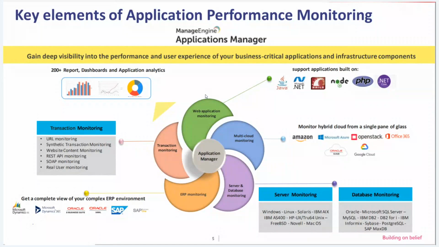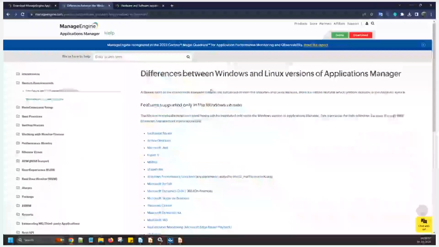So right now we discussed what are all the feasibilities that can be achieved in Applications Manager. Now I'm going to see what are all the prerequisites that you need to follow.